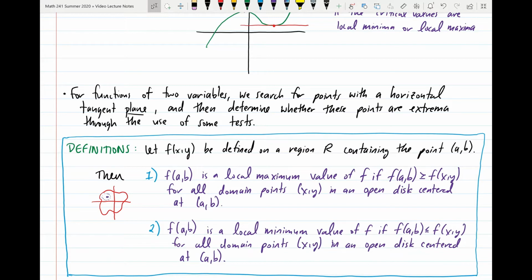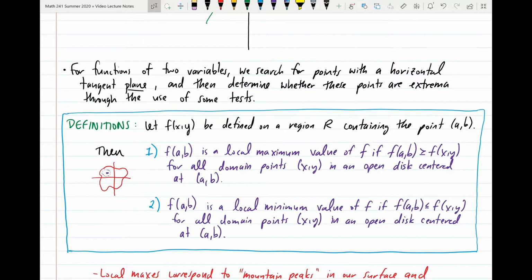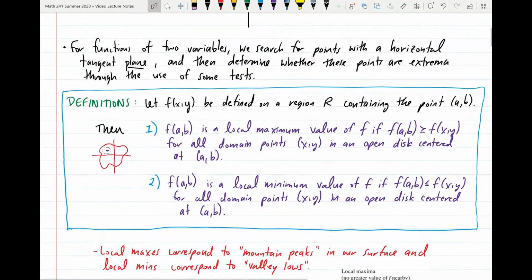And our critical points are going to be points where the tangent plane to the surface at that point is horizontal, or perpendicular to the z-axis would be another way to describe it. And then we're going to determine whether these points are extrema through the use of some tests. So we're going to call critical points on the surface points on the surface that have a horizontal tangent plane, and then we're going to develop some tests to determine whether those points are extrema.